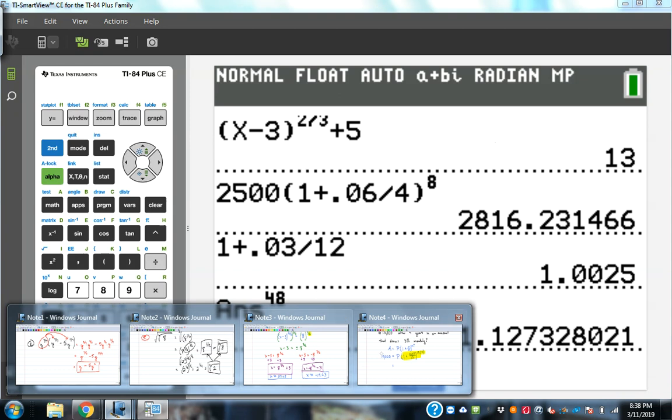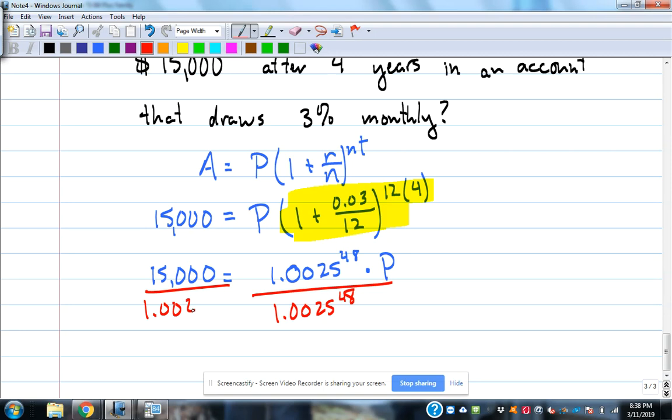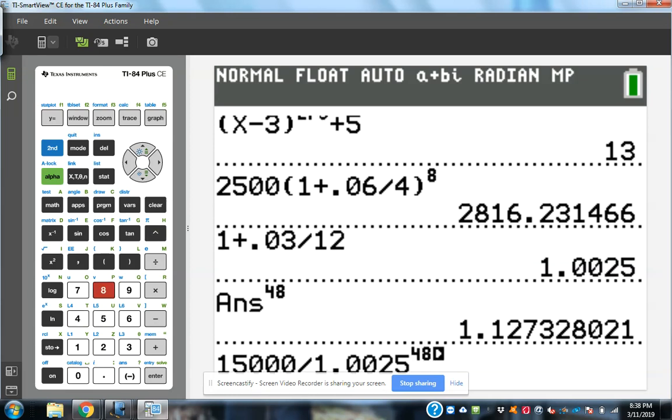I'm just going to write that as 1.0025 to the 48th power times P, because I don't want to round that until at the end. Now you don't round until the very end. Divide by that 1.0025 to the 48th power. So 15,000 divided by 1.0025 raised to the 48th power.